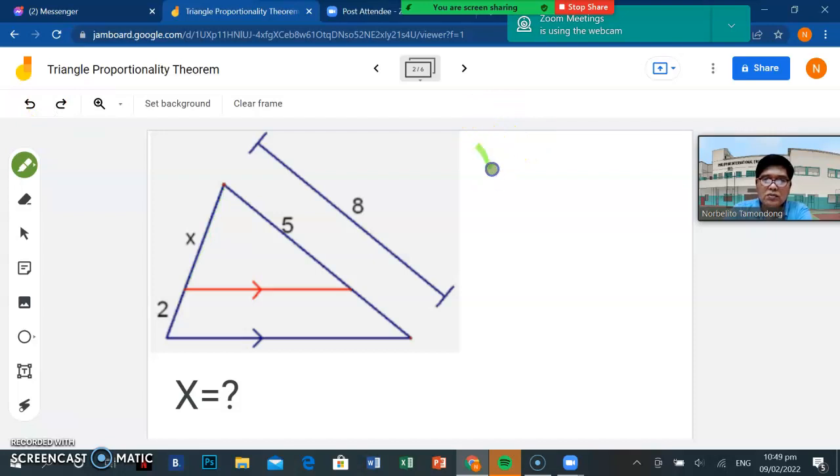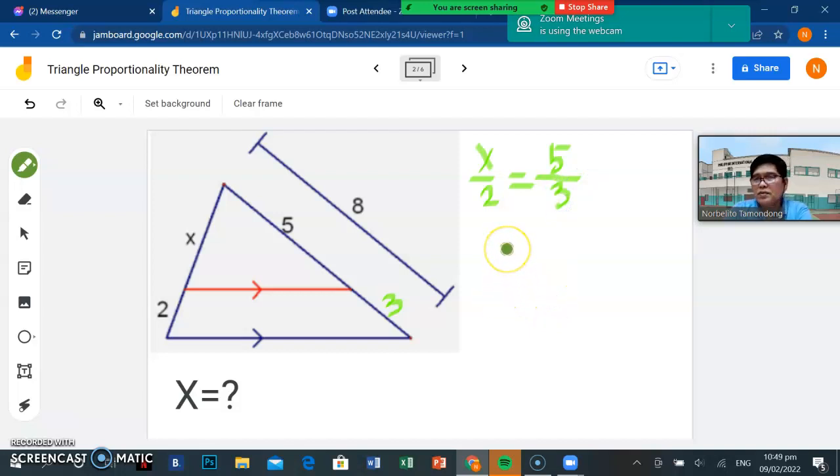So x is to 2 is equal to 5 is to this part, which is equal to 8 minus 5, equal to 3.